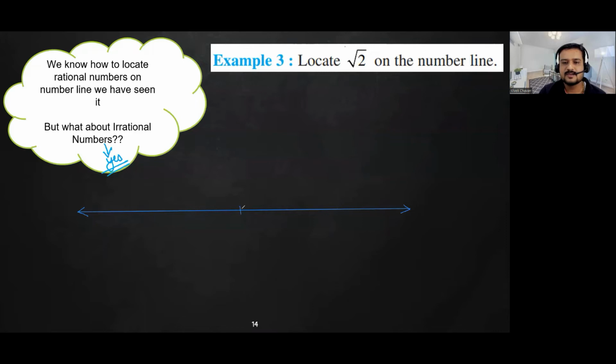In the center part here we place 0. Take 1 centimeter distance, mark here 1. Take another 1 centimeter distance, mark here 2. Take another 1 centimeter distance, mark here 3, then 4, then 5. See, the distance should be the same.